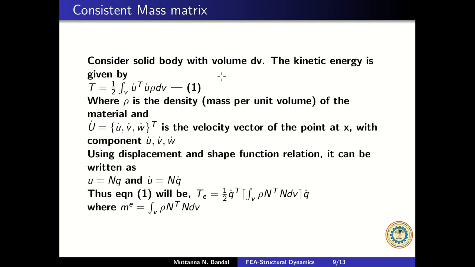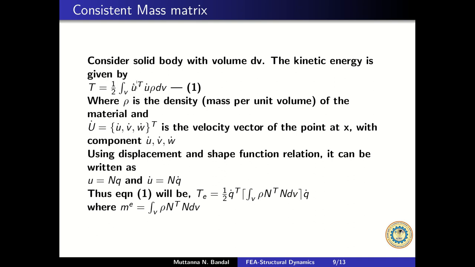To do that, let us consider a solid body with a small volume dV. Like if I take this cantilever beam, we will consider a small length dx, and this is how it looks in 3D, and this is a small area for the cross section. So A into dx will give a small dV, that is a delta volume. The kinetic energy is given by T equal to half m v square.